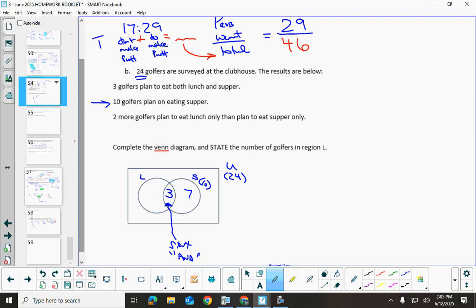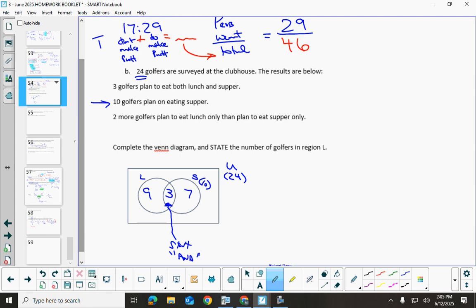2 more golfers plan to eat lunch only than plan to eat supper only. So how many are eating supper only? 7. So how many are going to eat lunch only? 9. Now if we add them up, 9 plus 3 plus 7, that's 19.